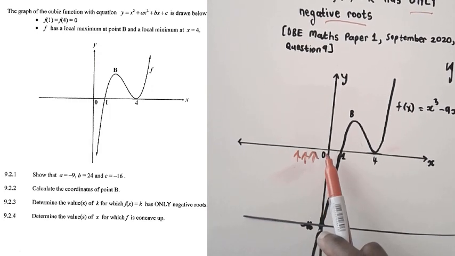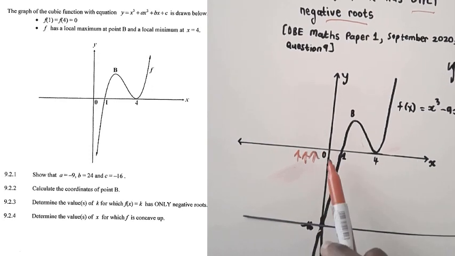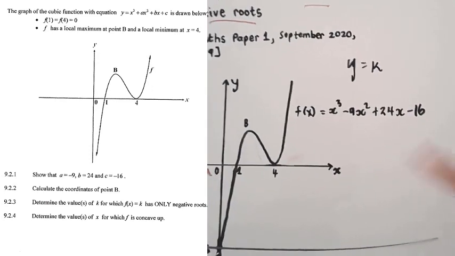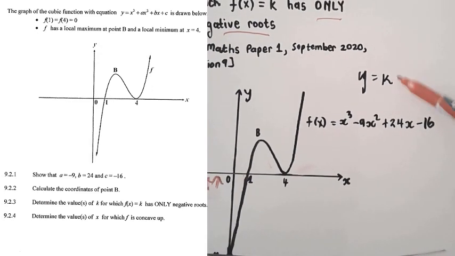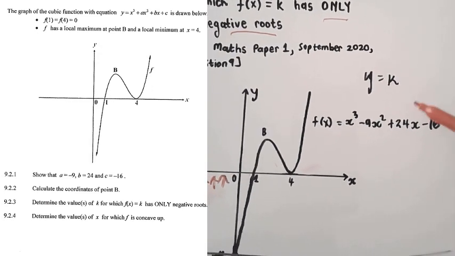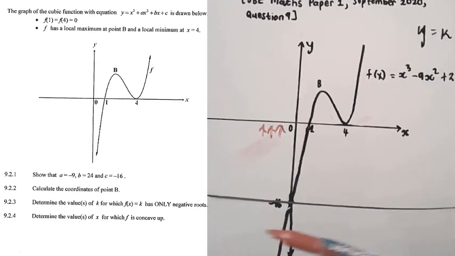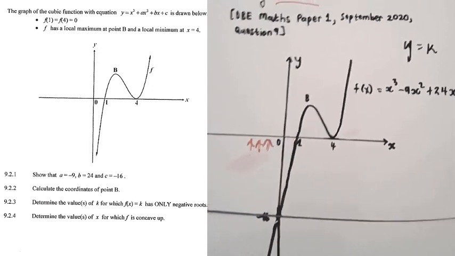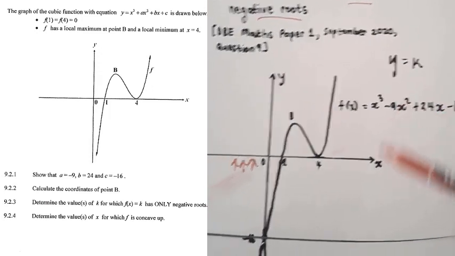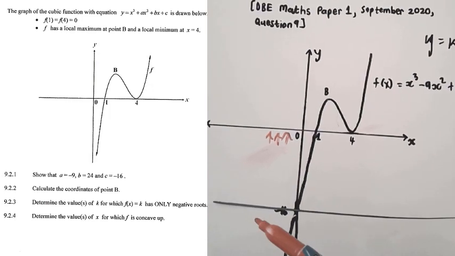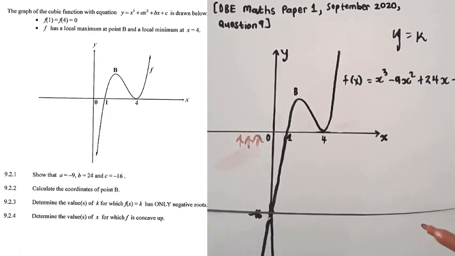So whenever we choose a k value, if we go back here, there's our equation, y equals k. If we look at the horizontal line the way it is right now, that k value would be negative. For example, if you had to write the equation of this line, this would be y equals negative 16.